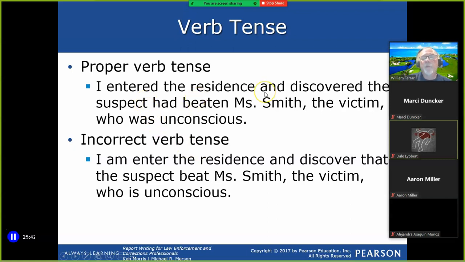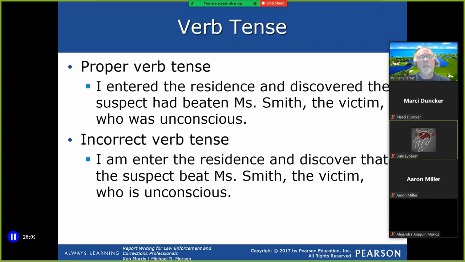I entered the residence and discovered the suspect had beaten, because it's the past tense, right, had beaten Mrs. Smith, the victim, who was unconscious. Okay, so that's a good use of it. Now, an incorrect one would be, I am enter the residence and discover that the suspect beat Mrs. Smith, the victim, who is unconscious. So start watching for those little details.